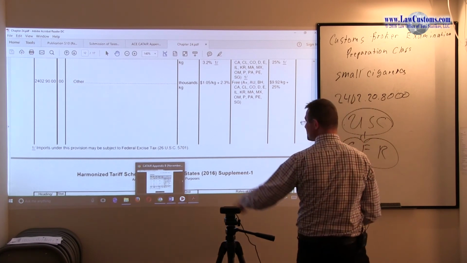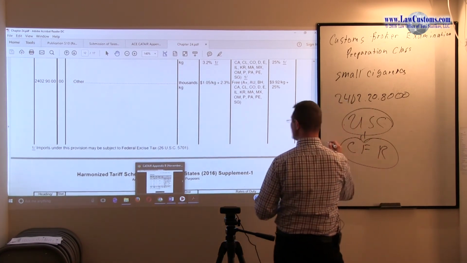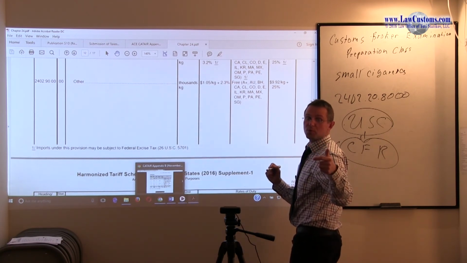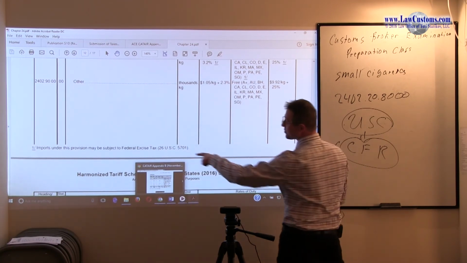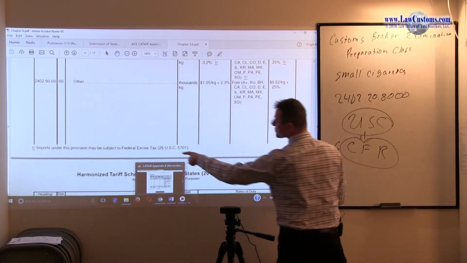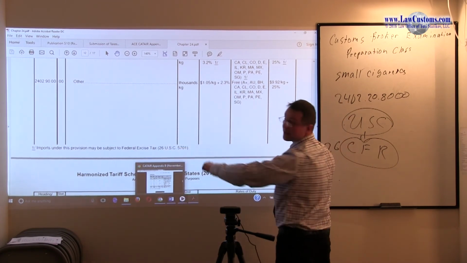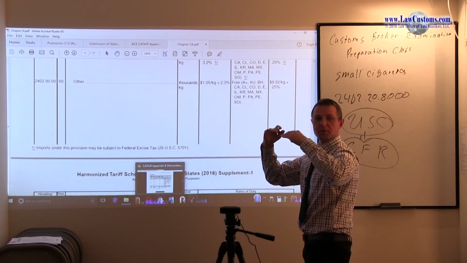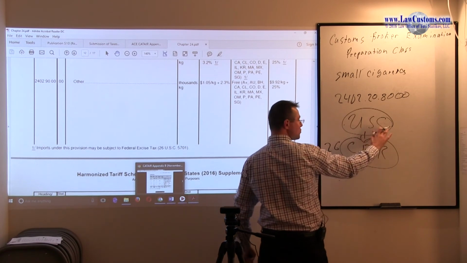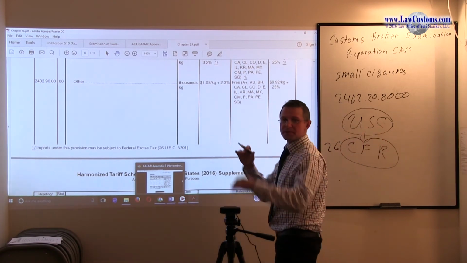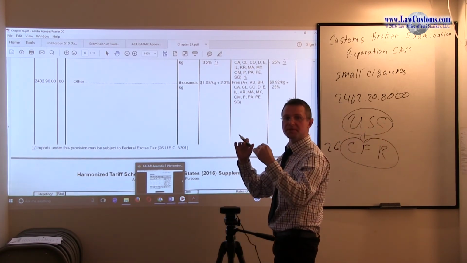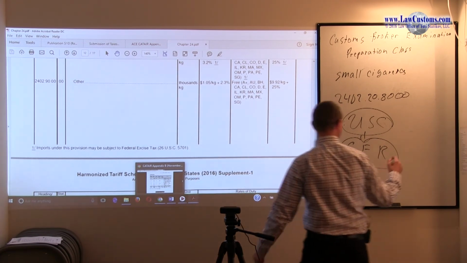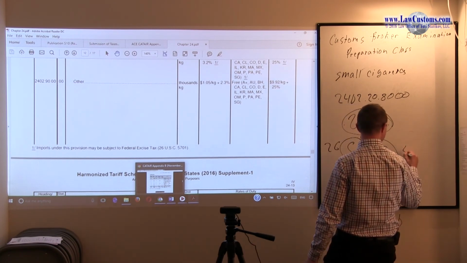So see, we have a provision here, 26 U.S.C. 5701, and 26 is the title. Remember, going back to our ozone depleting chemical tax, when we talk about 26, what we saw was the title for the IRS code. This title is also mirrored in the United States Code because it just makes reference easier. It doesn't always have to be a mirror image, but usually it is. So we're dealing with 5701.